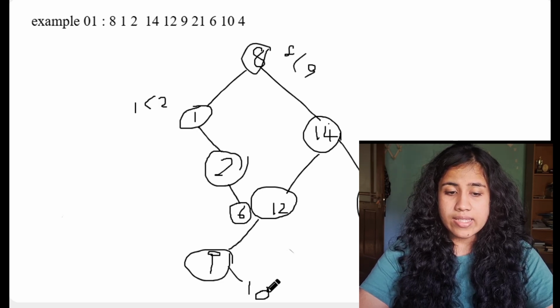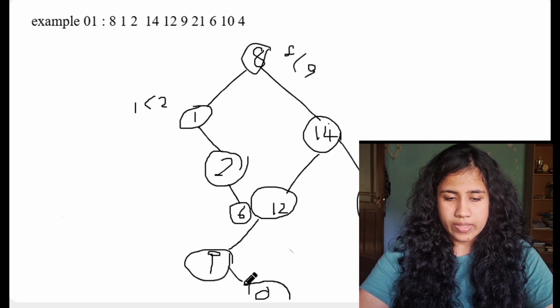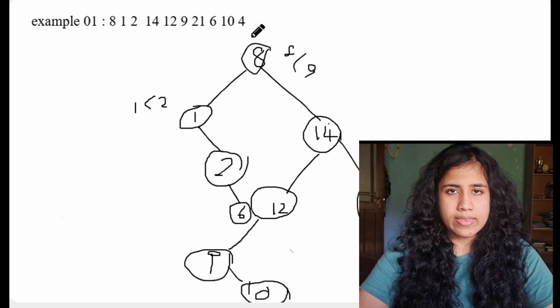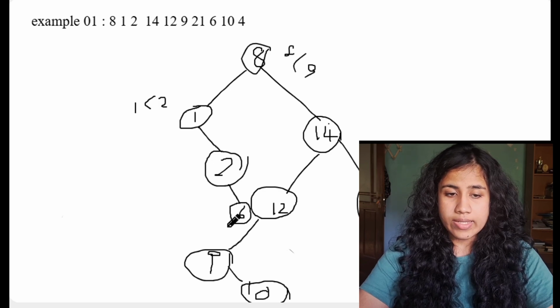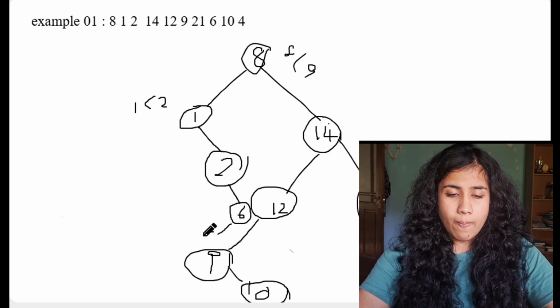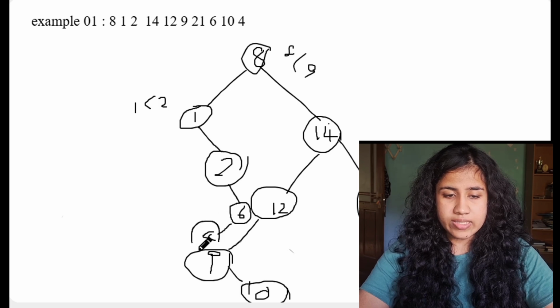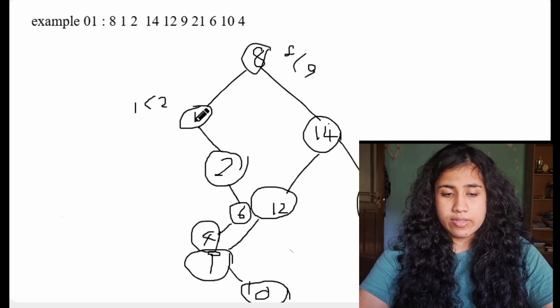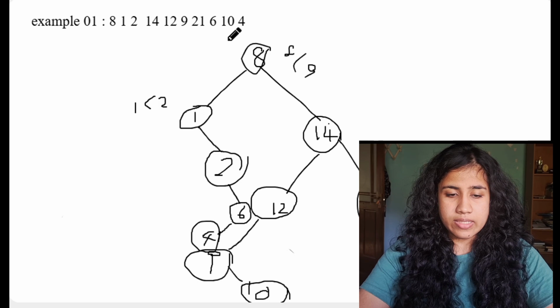Here it is greater than 9, so it goes to the right child. And then we have 4, the last value, less than 8, greater than 1. Here greater than 2, but if we go to 6, it is less than 6, so it becomes the left child of 6.